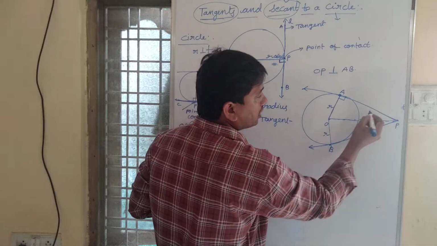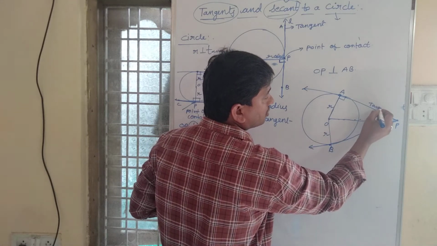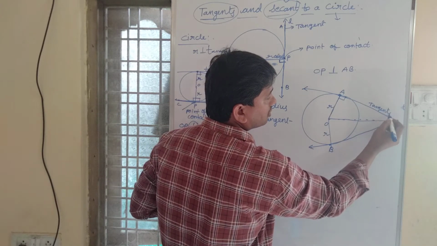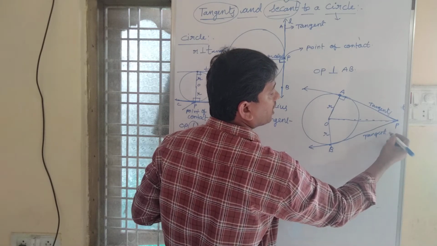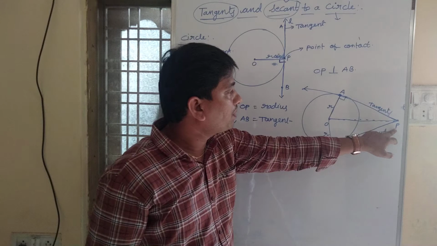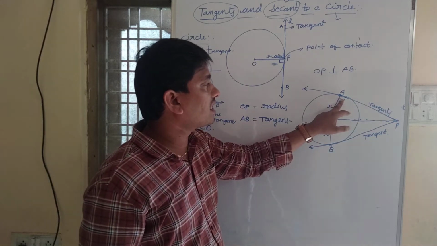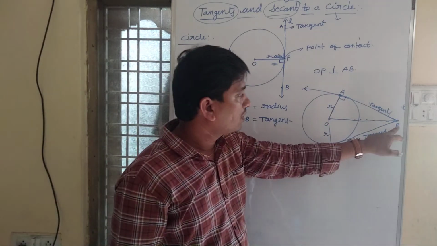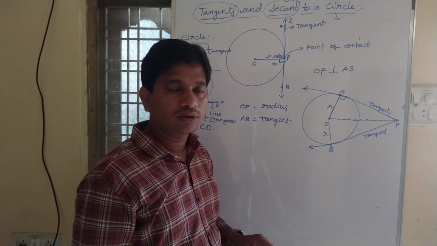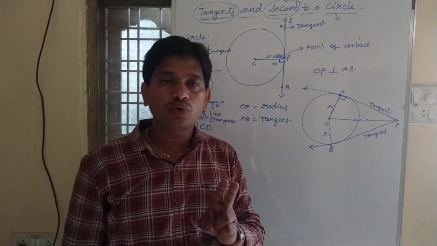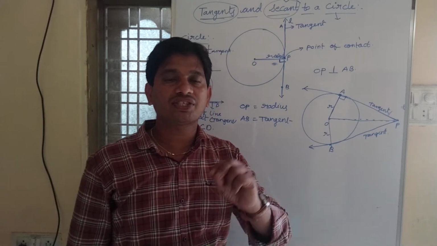Right? So here PA is one tangent and PB is also one tangent. Why do we call PA and PB tangents? Because PA is a line which is intersecting the circle at point A, and PB is a line which is intersecting the circle at point B. So two tangents are possible from an external point.